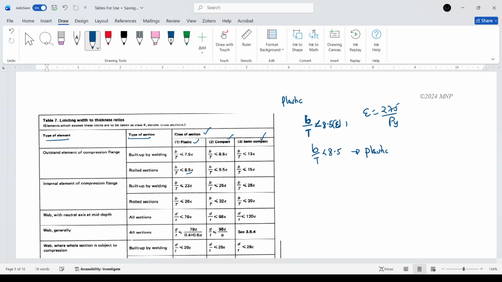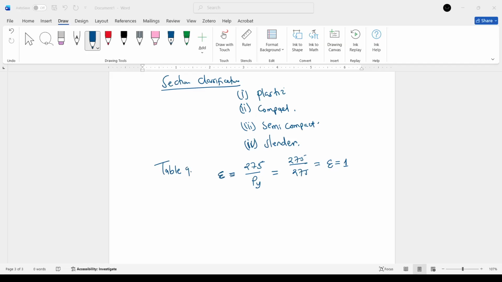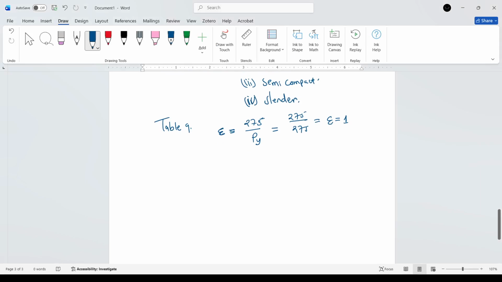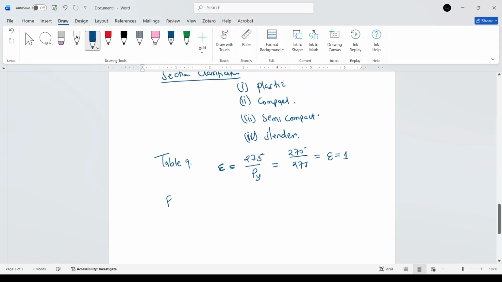Plastic considering the flange. So I want to take us to the other diagram. This is not table 9, it is table 7.